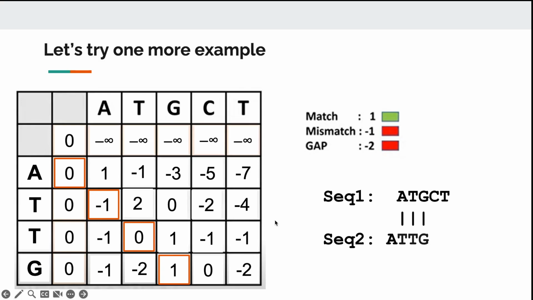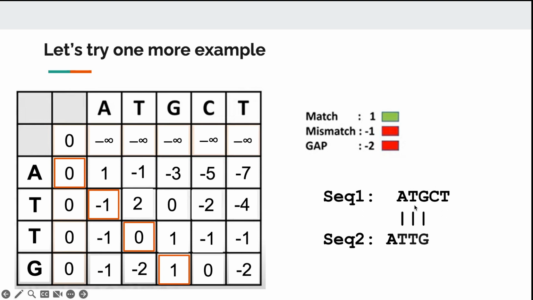So in this case, the best overlap between these two sequences involves the last 3 nucleotides of the first. Sorry, I switched sequence 1 and sequence 2, just notice that. So we use the last 3 nucleotides of the first sequence and the first 3 nucleotides of the second sequence.